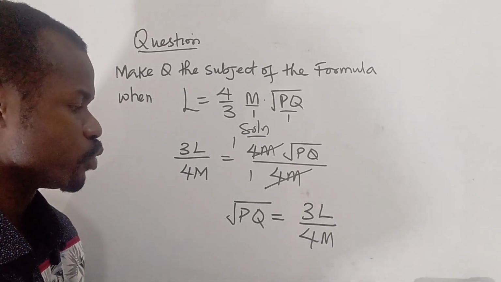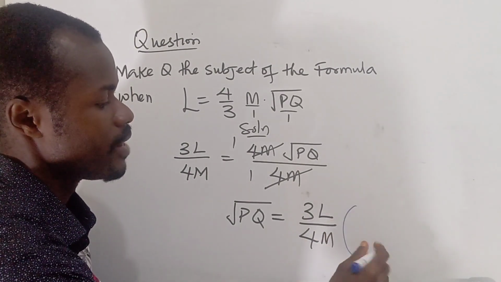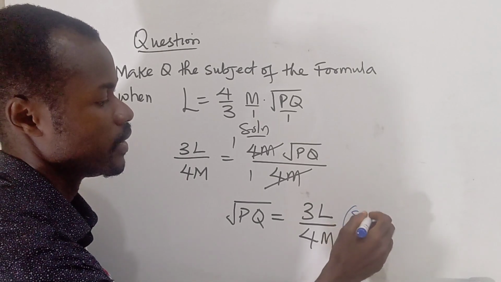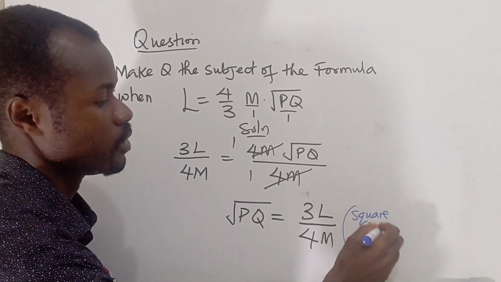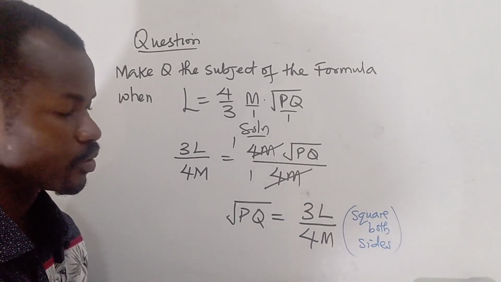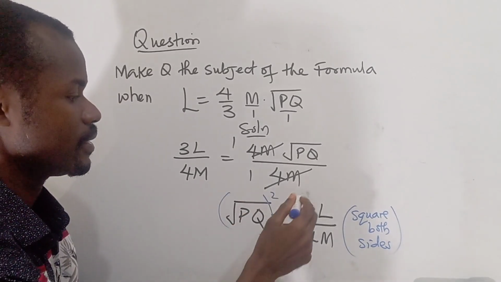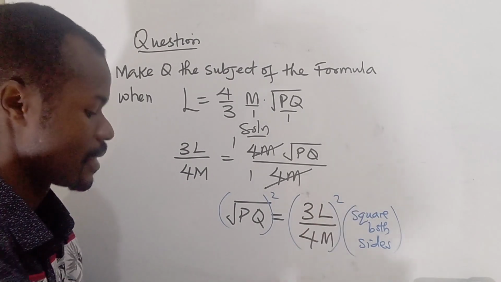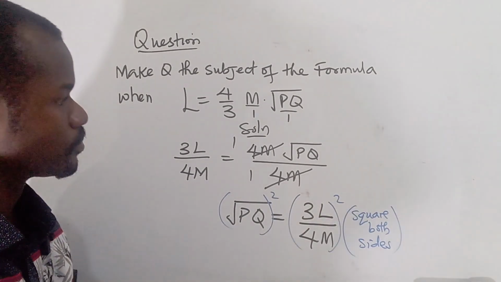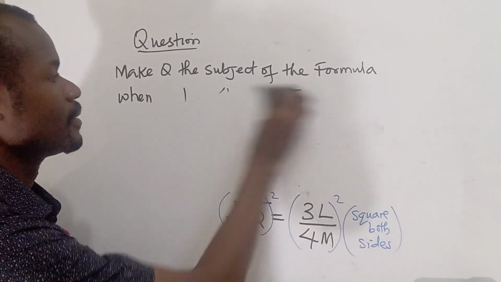Now at this point, what do we do to remove the square root sign? Whenever you have a square root sign, you square both sides. So to remove the square root sign, I want to square this side and I also want to square this side. So let's square both sides and see what that gives us.